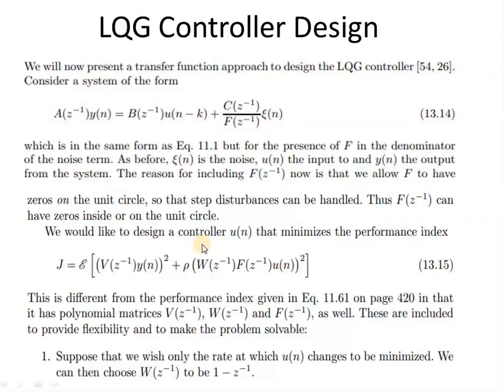Now our main aim is to design a controller u(n) that minimizes the performance index. The performance index is J as a function of epsilon, equal to [V(z^-1) y(n)]^2 plus rho [W(z^-1) F(z^-1) u(n)]^2. This is the performance index for the LQG controller, and it is different from the one you studied in the previous chapter.